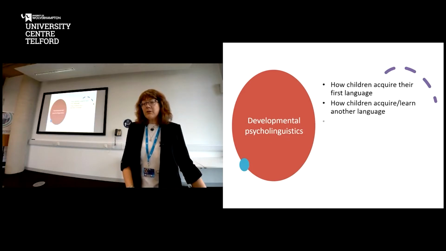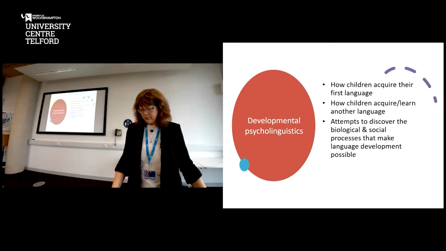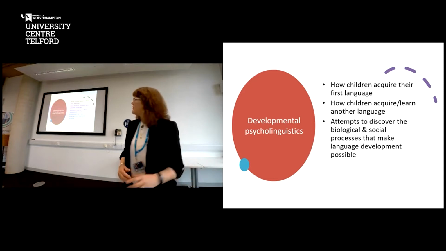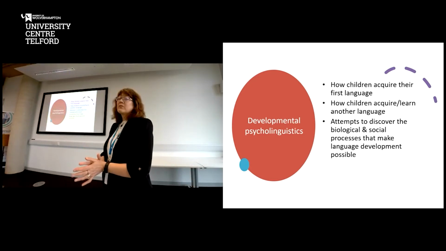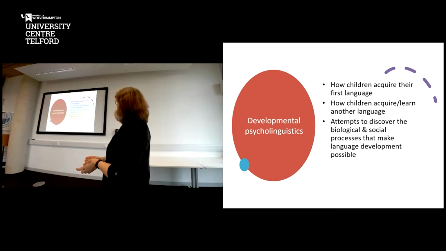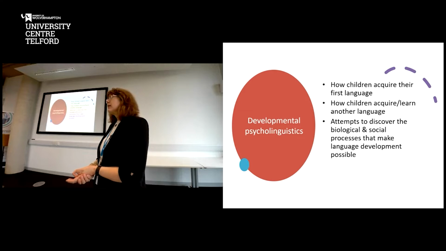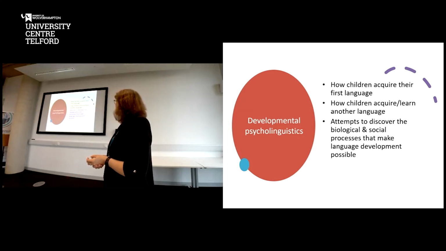So this belongs to a field of what we call developmental psycholinguistics, which is all about the study of how children acquire their first language. It can also be about how they acquire another language. What we tend to assume, I think, is that the majority of children in the world are born monolingual, which is not the case.